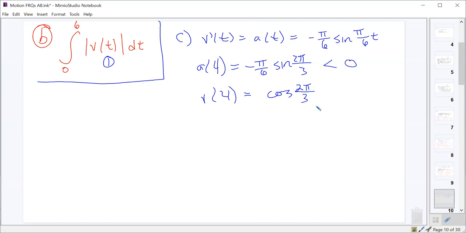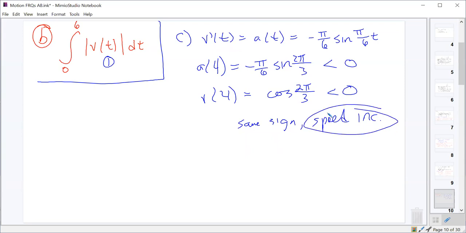And that's a second quadrant angle. And we also knew that's between 3 and 9, which we knew was when it was moving to the left. So it has a negative velocity. I'll say same sign, just like the last problem, speed increasing. And that was worth 3 points for this problem. 1 for the correct expression there, and 2 for increasing with a justification.